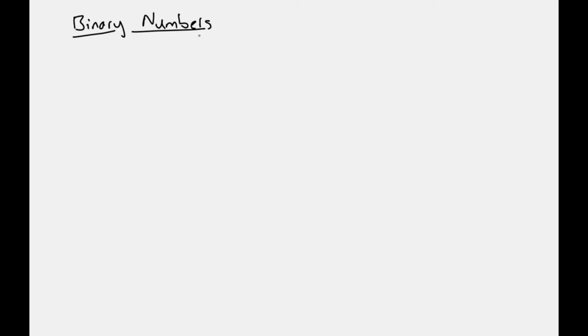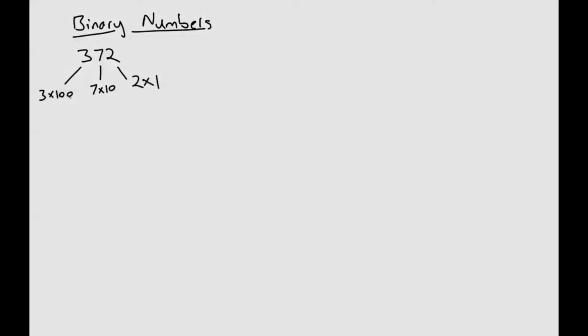In what we call decimal numbers, the normal number system, we could write a number like 372, let's say. And what that actually means, you might remember from primary school, is 2 times 1, 7 times 10, and 3 times 100.